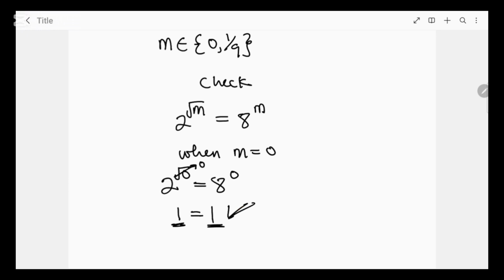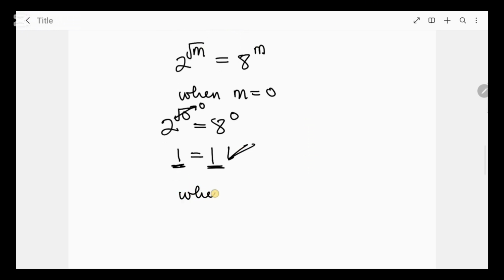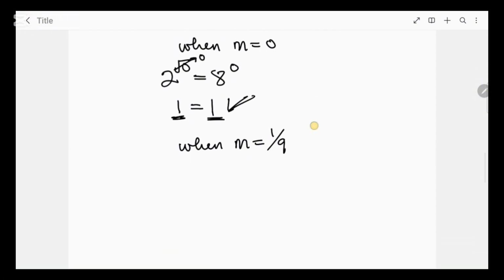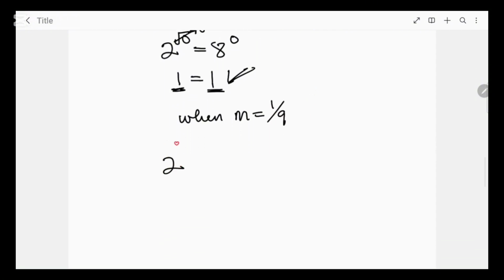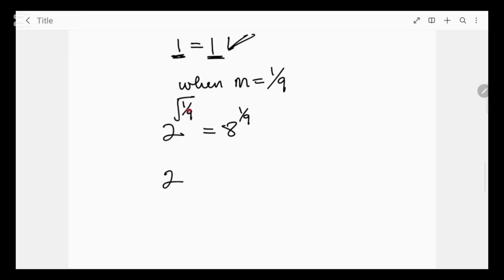Very good. Now let's try when m is equal to 1 over 9. Now plugging this into our original equation, we have 2 to the power of the square root of m, m in this case is 1 over 9. This is equal to 8 to the power of m, that is 1 over 9. So this becomes 2 to the power of the square root of 1 over 9, which is 1 over 3. This is equal to, now writing 8 in base 2, it is 2 to the power of 3, and this is raised to the power of 1 over 9.